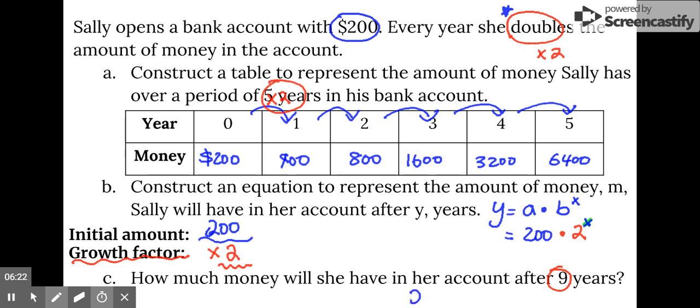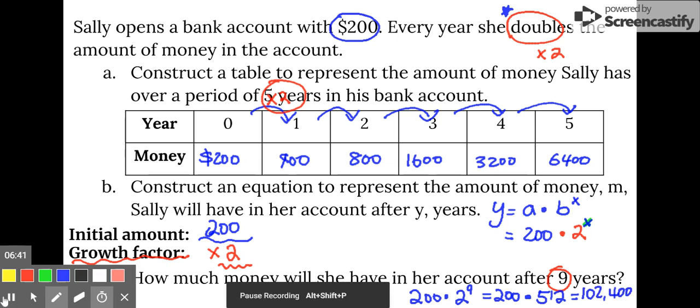You're going to plug it in. 200 times 2 to the what power? 9th power. 2 to the 9th power is 512. So let's multiply this. It's going to be 102,400.